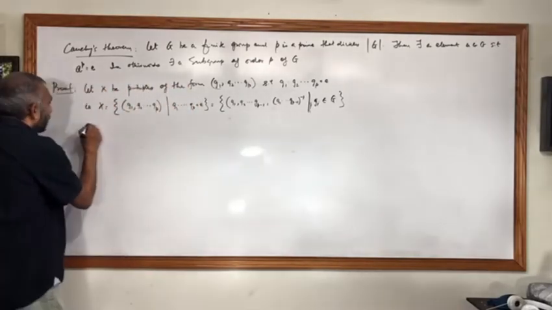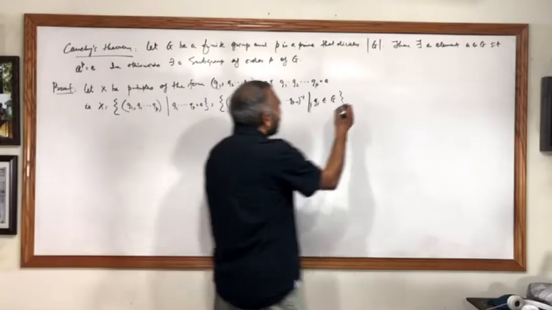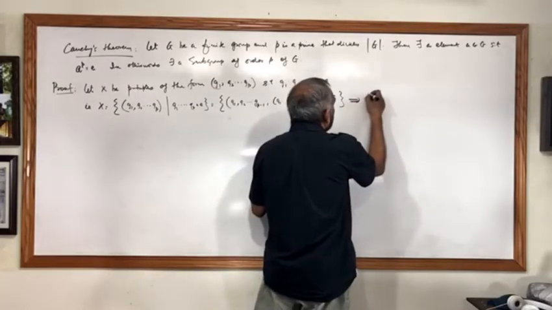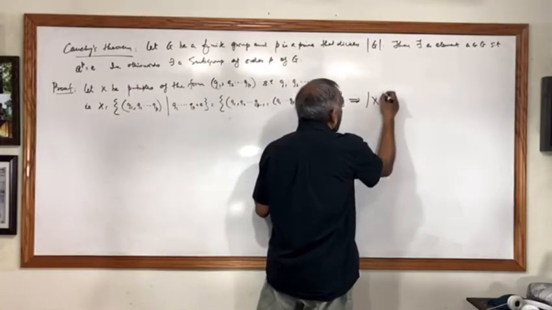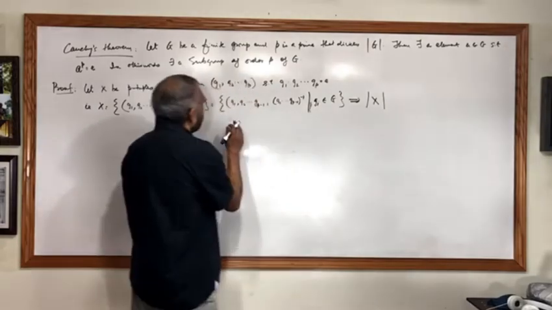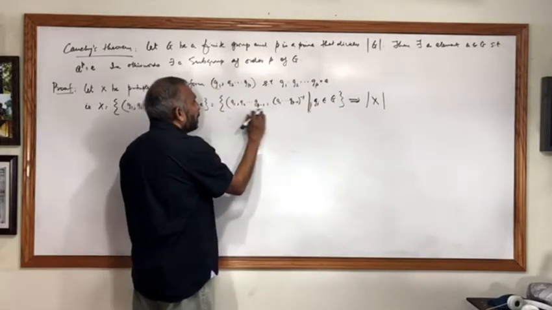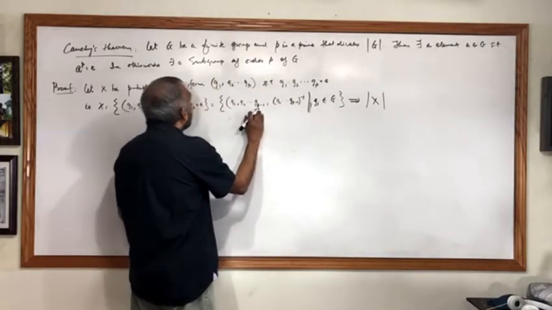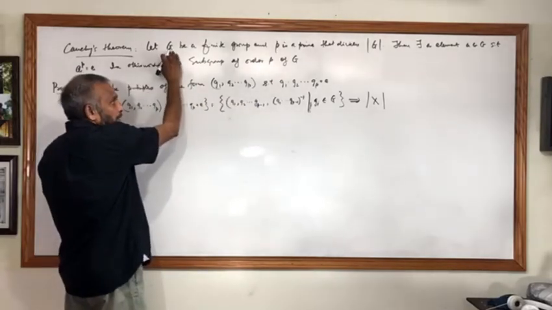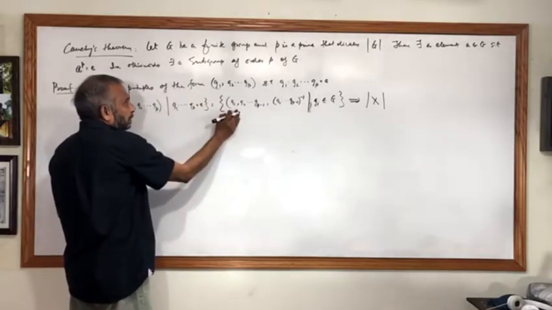And that implies the number of elements in X. So you take any p minus 1 elements from G. It could be a repetition. Okay.